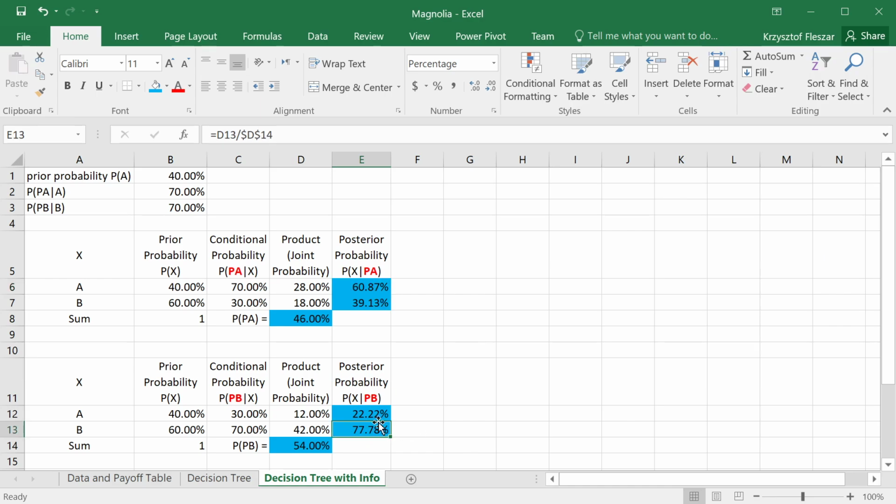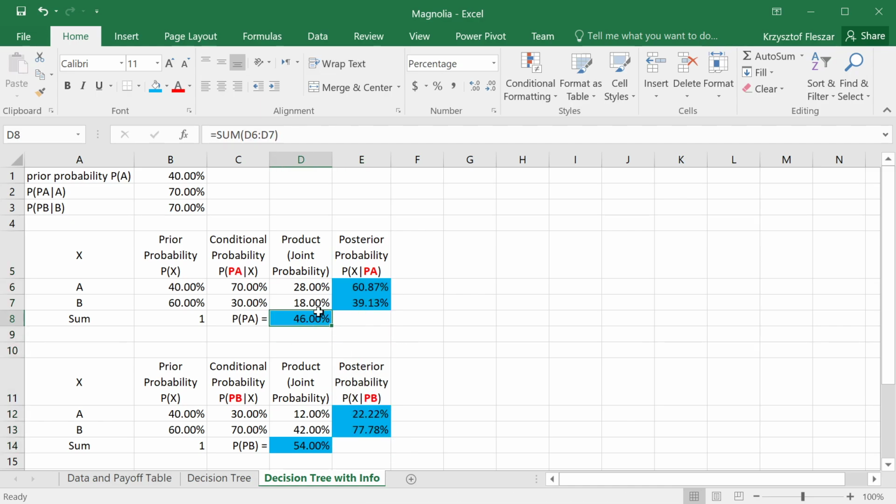And when they predict B, the probability that before was 60% becomes around 78% for location B. So these adjusted posterior probabilities are not very close to 0 or 100%, but still there is a considerable adjustment. 60% becomes 78, 40% becomes 22, and when they predict A, 40% for A becomes 61, and this gets lowered to 39%. So these are the updated or posterior probabilities.